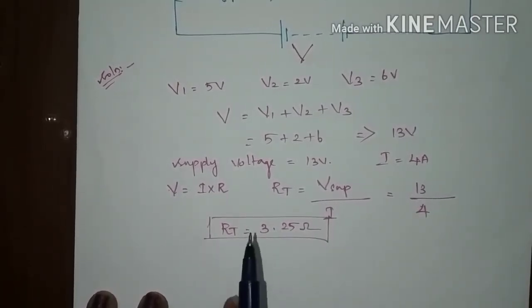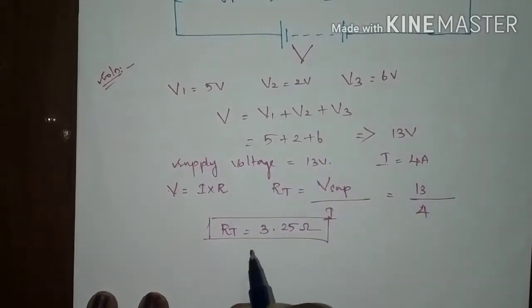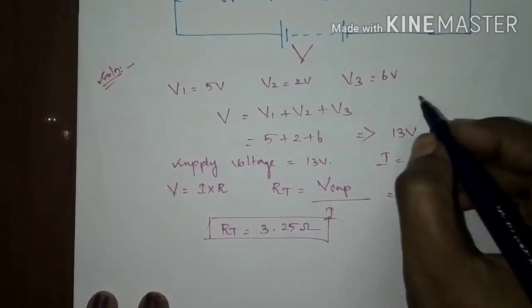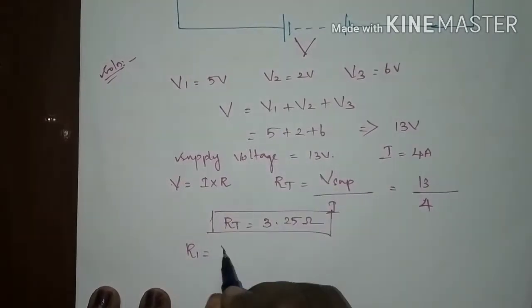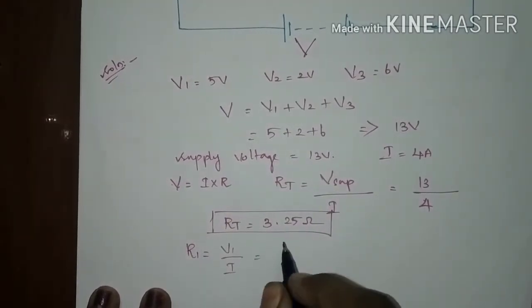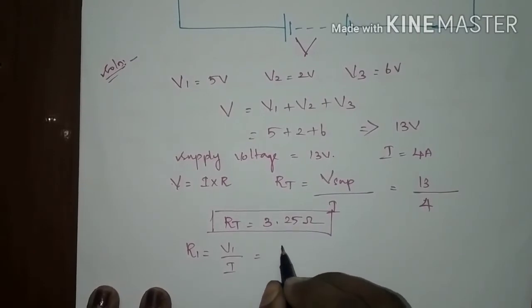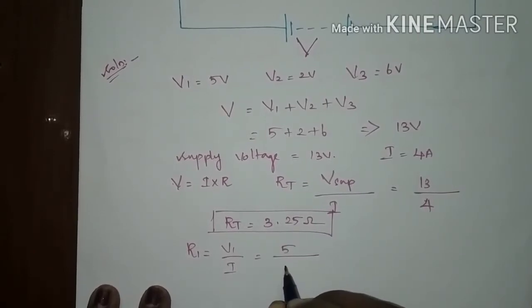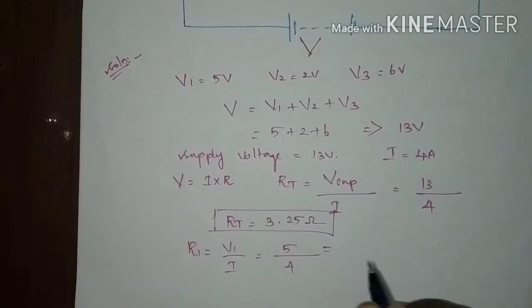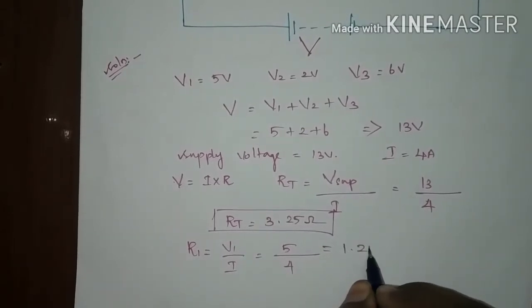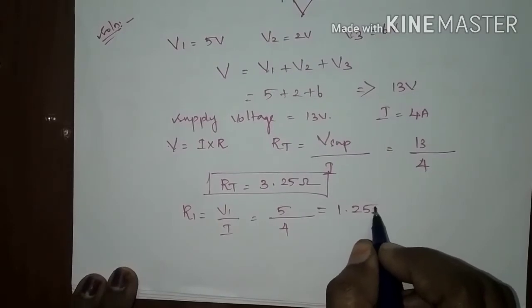Now, we can find the particular values of resistance. R1 would be equal to V1 divided by I. V1 is the drop across R1, so 5 divided by the current 4 amps, we will get the value of R1 as 1.25 ohms.